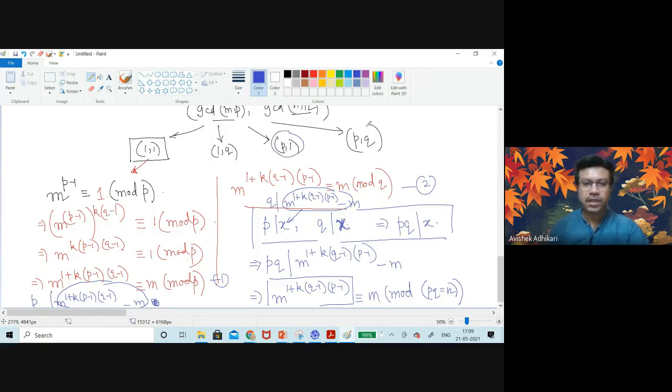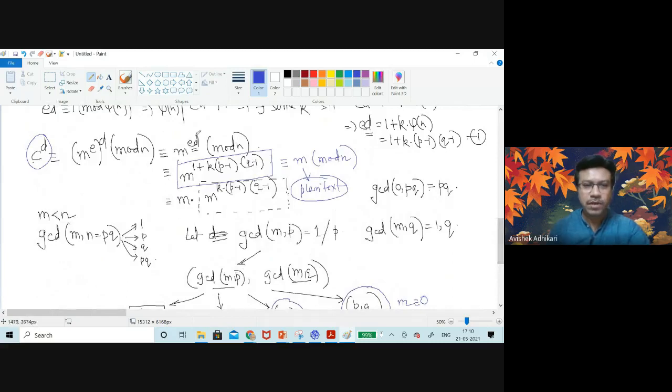What is this case? Can anybody tell me what is the value of m when this will happen? This is trivial. When this case will occur, the value of m is how much? 0. Exactly 0.